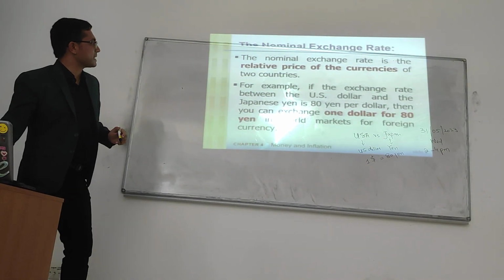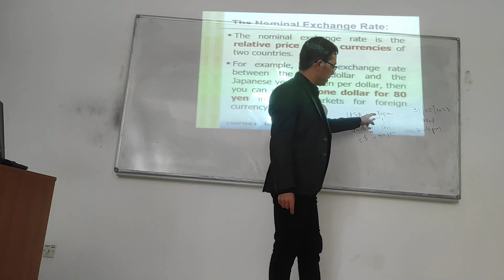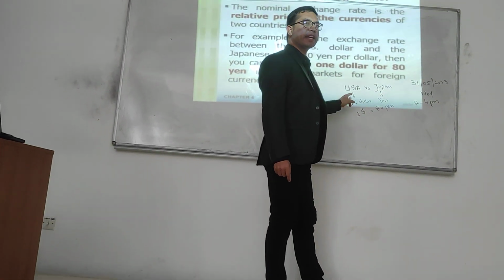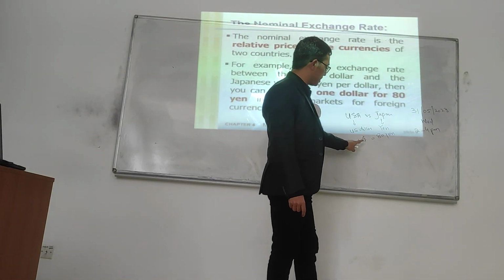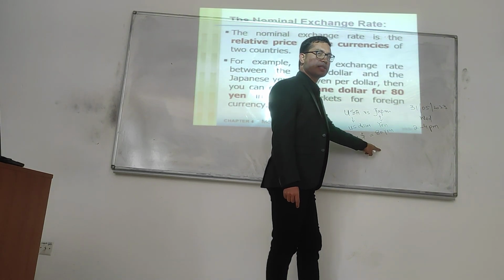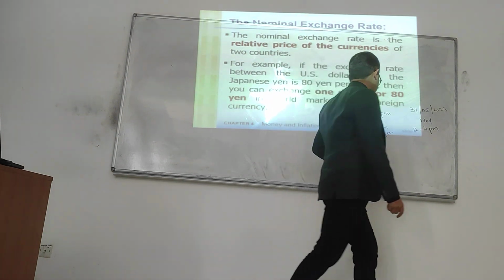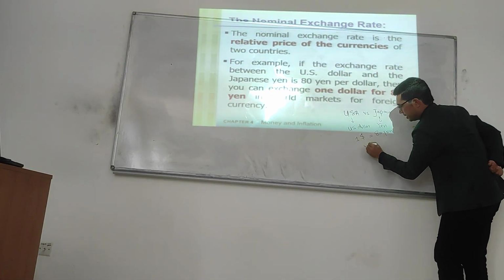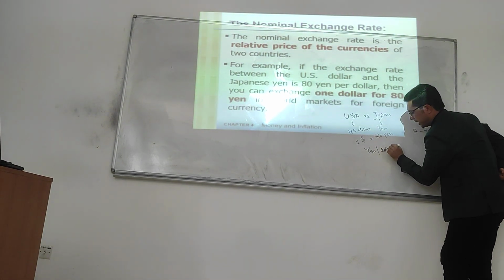So simply we can say that the nominal exchange rate shows relative prices of the currencies. Relative price, you can see this is the price of two currencies. We can say that this represents relative prices, or simply you can write it as yen per dollar.